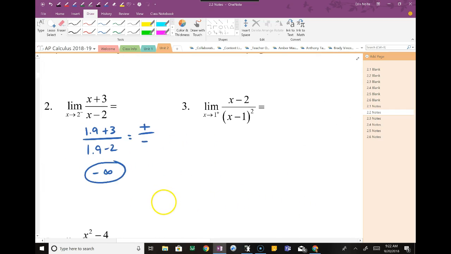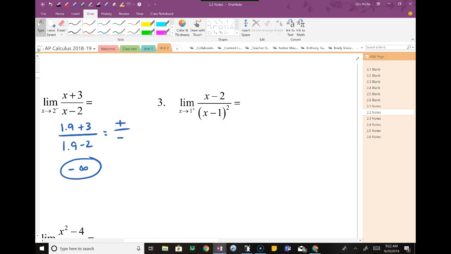Okay. Let's try another one. See if you got this. First thing I always do is plug the function value in. If I plug in 1, what happens? You get negative 1 over 0. So I know there's a vertical asymptote, so now I have to decide, is it going to positive infinity or negative?